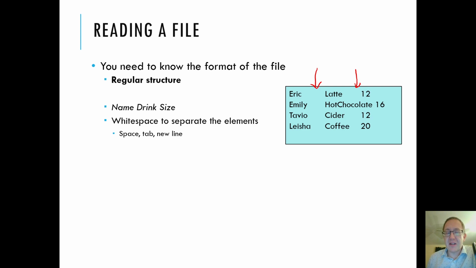So this might be a tab delimited file. I have a name, what they're drinking, and I guess how much money they're paying. I don't know what the heck the 12 is supposed to be. Size, number of ounces. Sure. It should have some kind of regular structure. So I could put tabs in between Eric, Latte, and 12, and then I know exactly how many fields I have. 3.